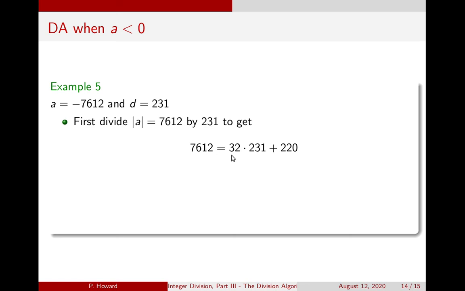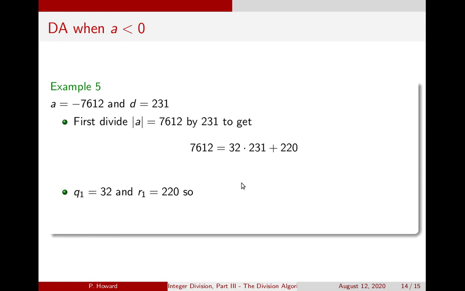Using a calculator, as I described before, we get a quotient of 32 and a remainder of 220. So the Q1, the quotient, when you divide the absolute value of minus 7612 by 231, the Q1 is 32, and the R1, the remainder when you do the same division, is 220.